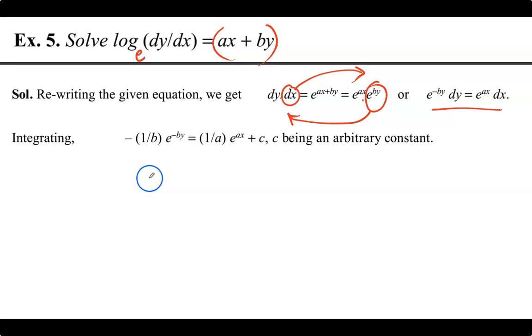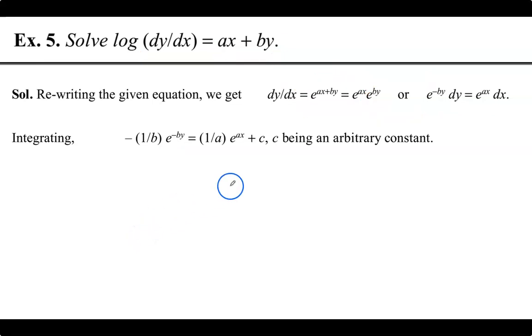So we have integral of e raised to minus by, which is minus 1 by b into e raised to minus by, is equal to integral of e raised to ax, which is 1 by a e raised to ax plus constant of integration c, and this relation is the required solution of the given equation.